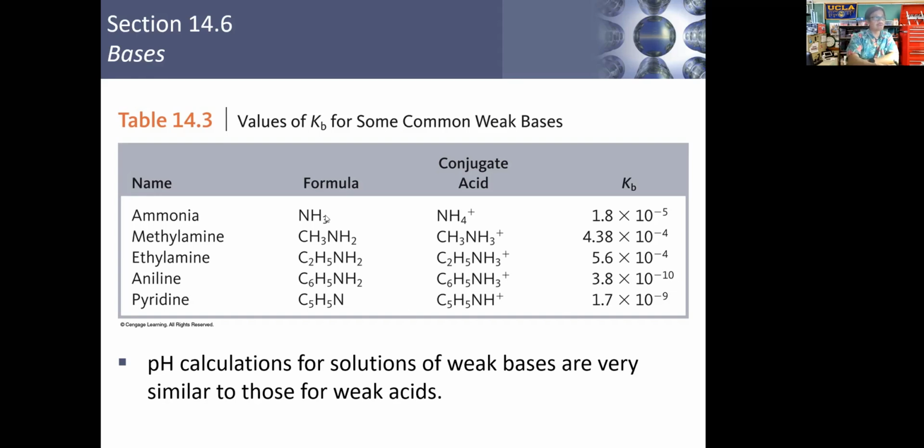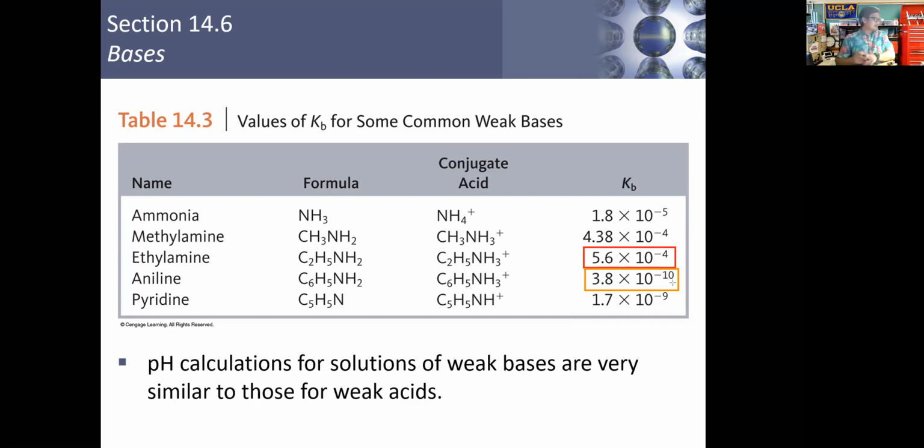But if you notice, there's ammonia right there. The larger the value for Kb, the stronger the base. So on our list here, ethylamine is going to be the strongest of these bases. Using the same logic, aniline is going to be your weakest base.